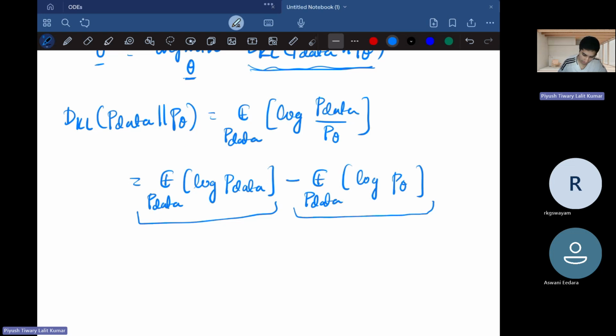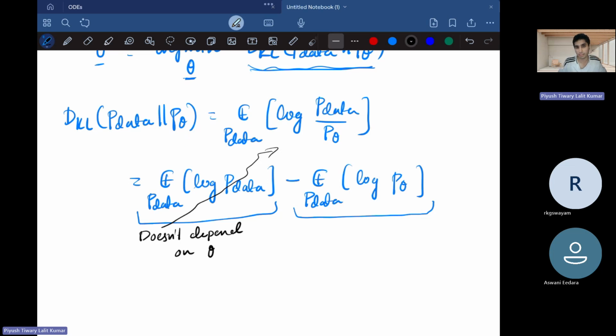Now, please note that the first term doesn't depend on theta, right? So if this term doesn't depend on theta, you can simply ignore it, because it is not going to help us in our optimization.